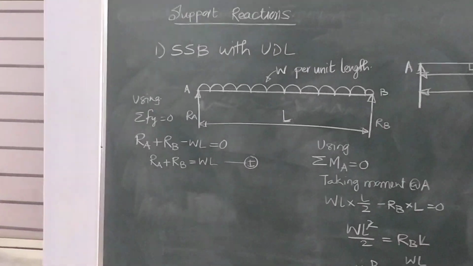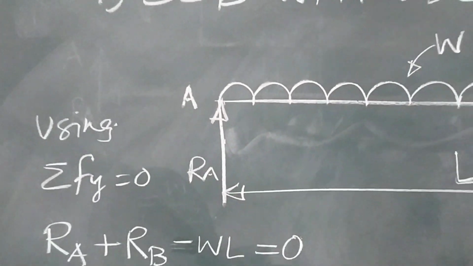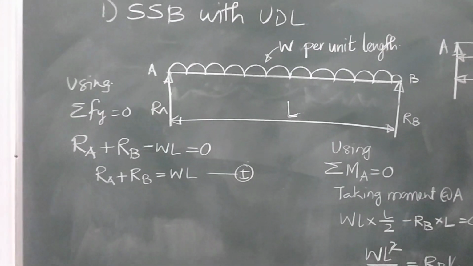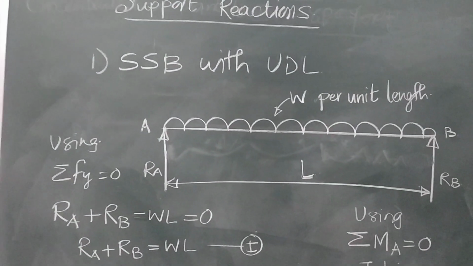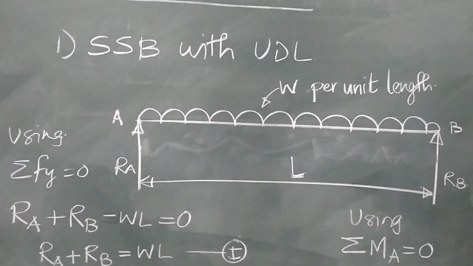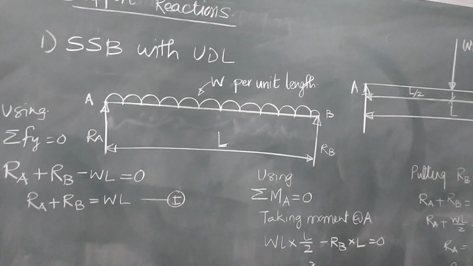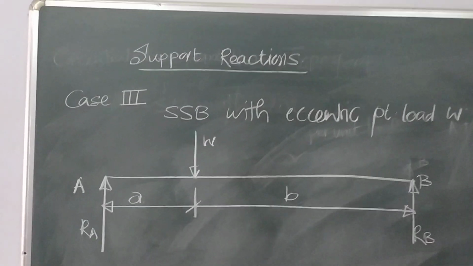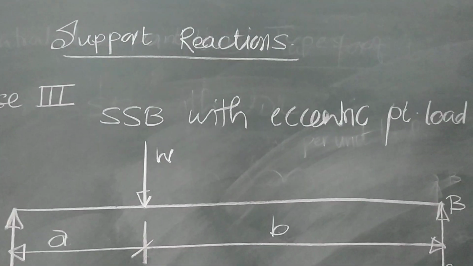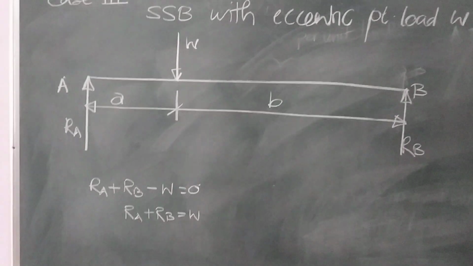Now, there might be different cases where the UDL is for a part of the beam, not for the entire length, with point load. So let us study other cases with UDL later. Let us study case 3, simply supported beam with eccentric point load W. What do you mean by eccentric?